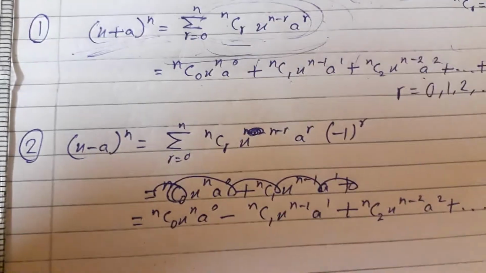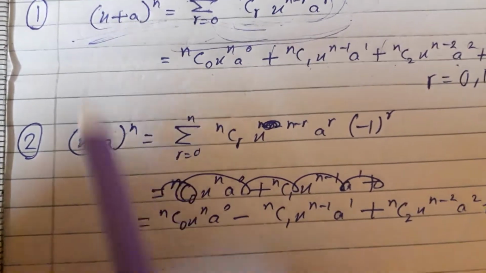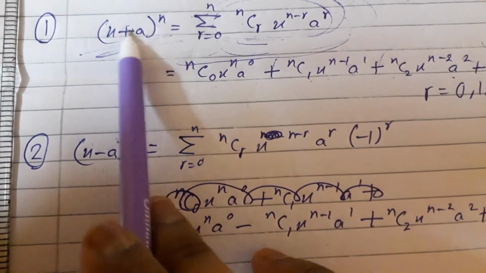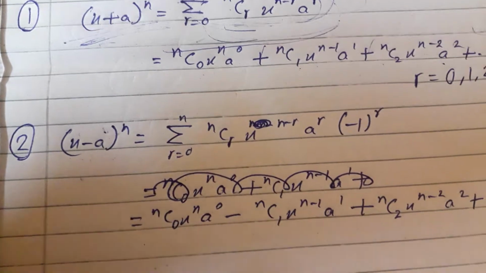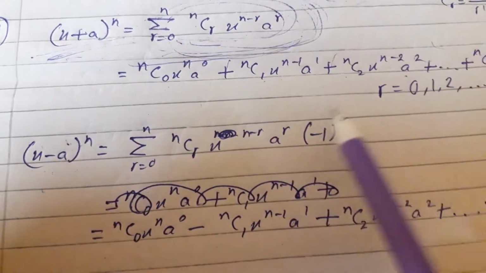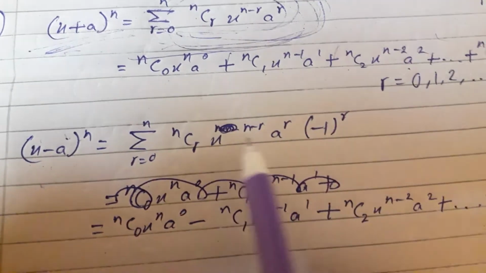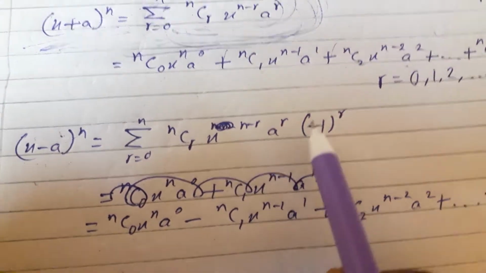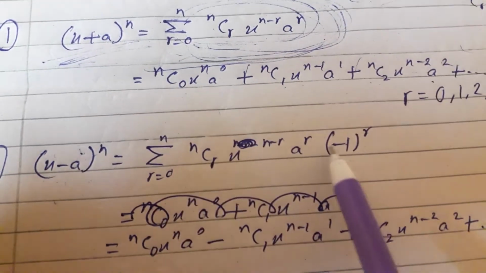The second formula is (x - a)^n. This is the same as (x + a)^n, only the sign is negative. Here it is plus and here it is given minus. So the whole format will be the same, only (-1)^r will be added: nCr x^(n-r) a^r, the same as (x + a)^n.